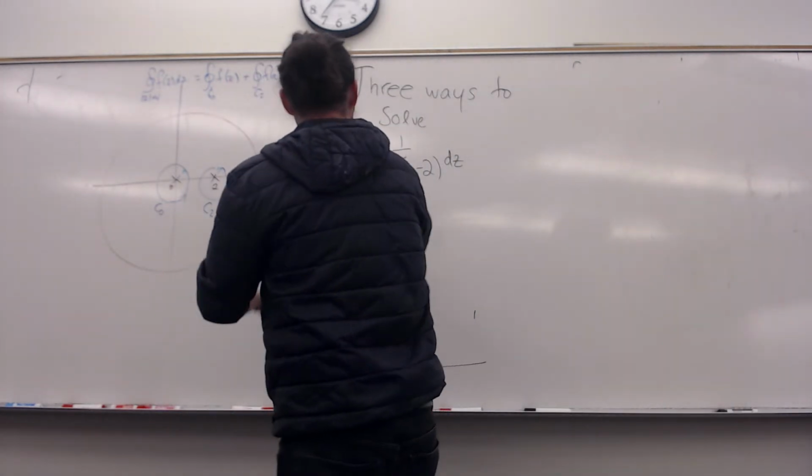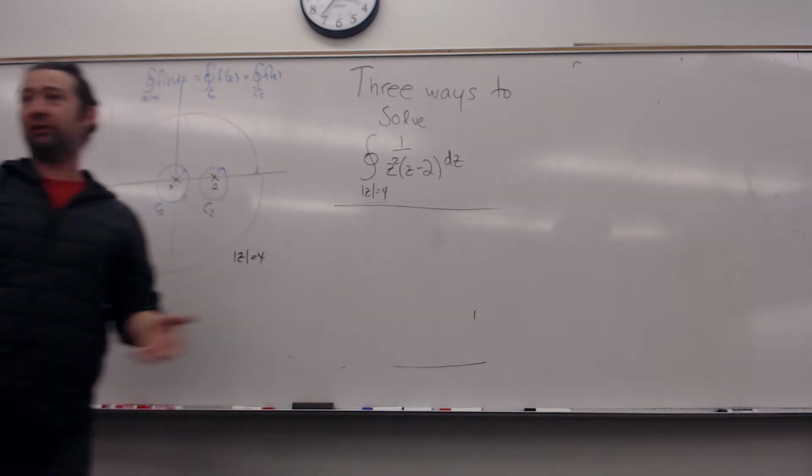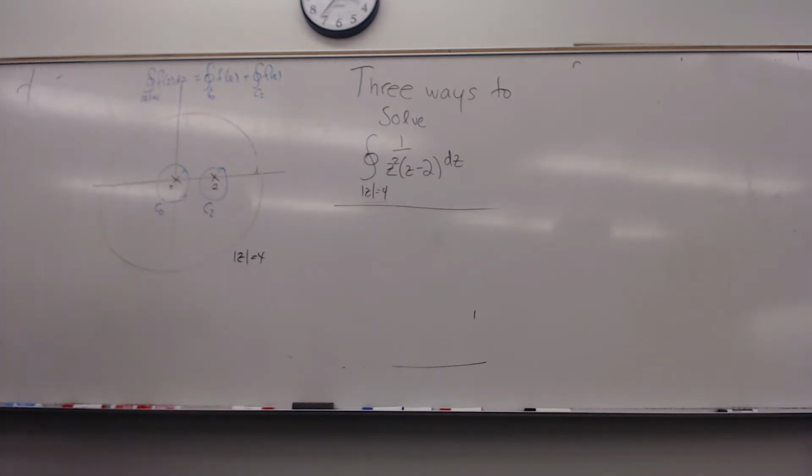Okay. Approach 2. Let's use the residue theorem. What is the residue theorem? We haven't learned the residue theorem, but we've learned the one singularity theorem, right? The one singularity theorem says that if you had the integral around C of f(z) dz, and C contains one isolated singularity of f, then this integral is equal to 2 pi i times the residue of f calculated at that isolated singularity.